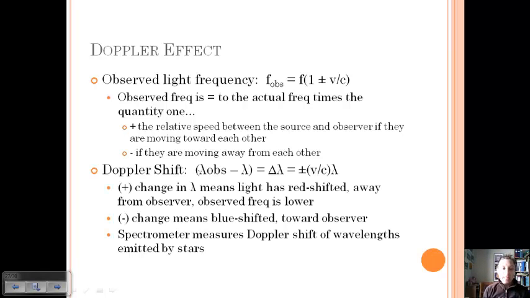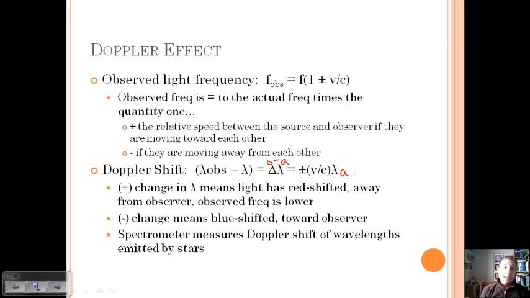We can also look at wavelength and talk about Doppler shift. The change in wavelength is plus or minus v over c times wavelength. Our change in wavelength is observed minus actual, so the change is plus or minus v over c times the actual wavelength.